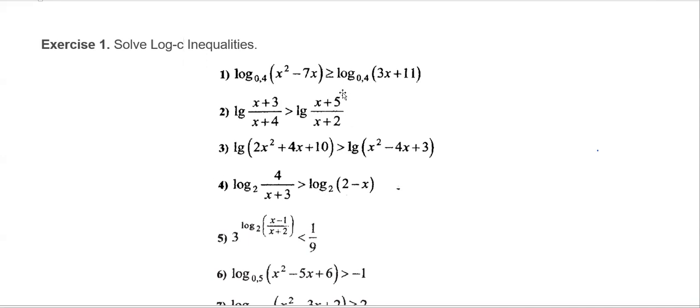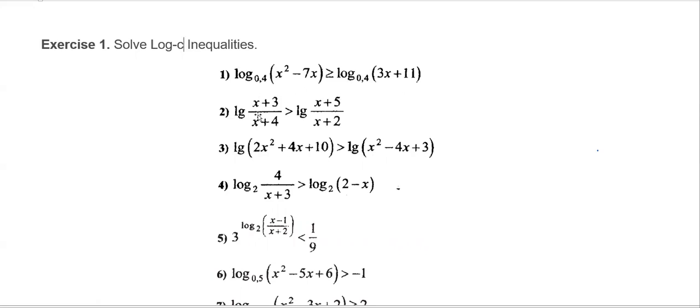Of course, first in these inequalities, you must consider the domain of the logarithmic function and look at the base of these logarithmic inequalities.